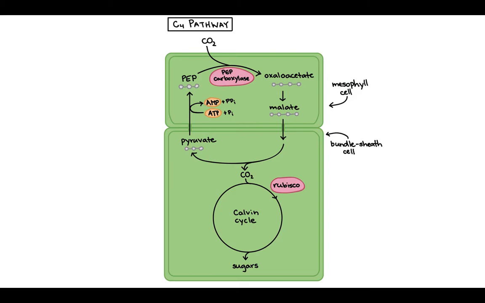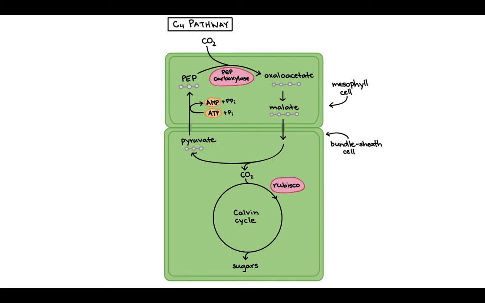and binding it together using a different red lozenged enzyme into a 4 carbon, see the 4 little gray dots there, a 4 carbon molecule called oxaloacetate. That oxaloacetate then gets changed into another 4 carbon molecule called malate.